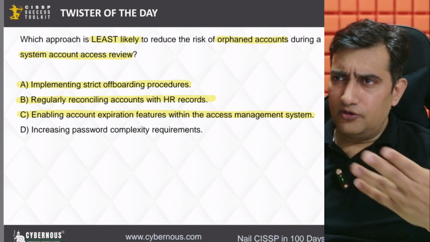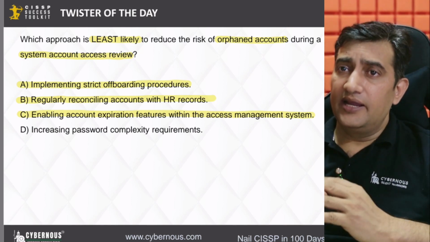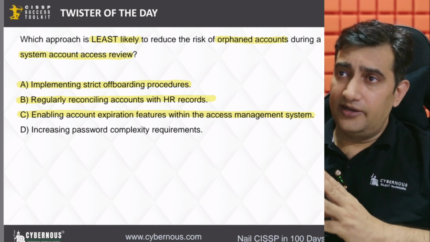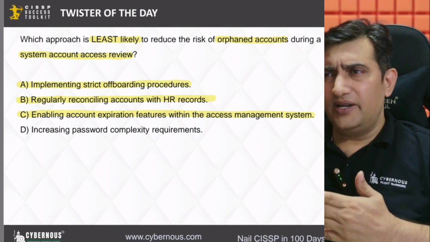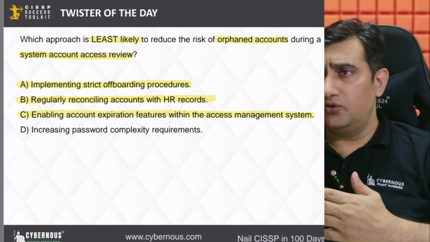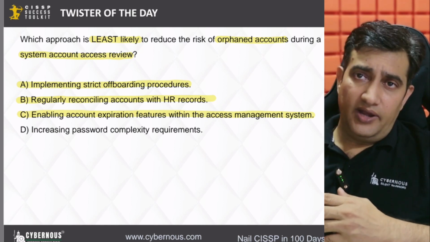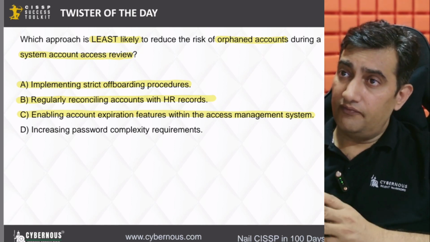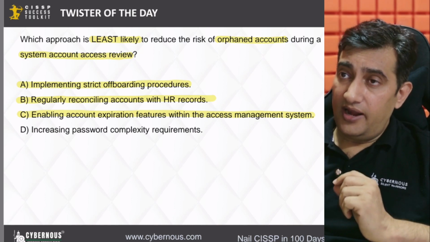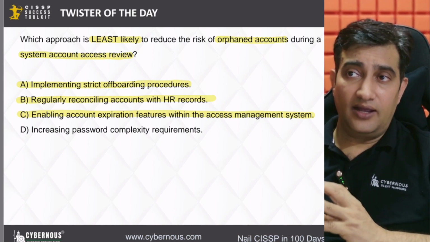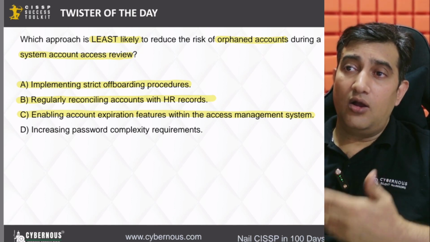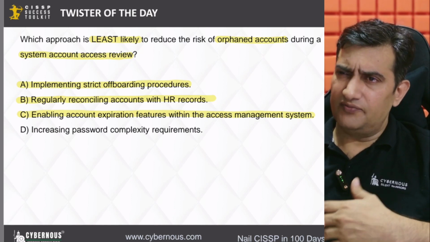The fourth option obviously is the answer, which says increasing password complexity requirements. It doesn't matter if you have a strong password or a weak password, that will have no effect on the orphaned account, because orphaned accounts by definition are accounts which do not have an account owner. It might happen for certain reasons.